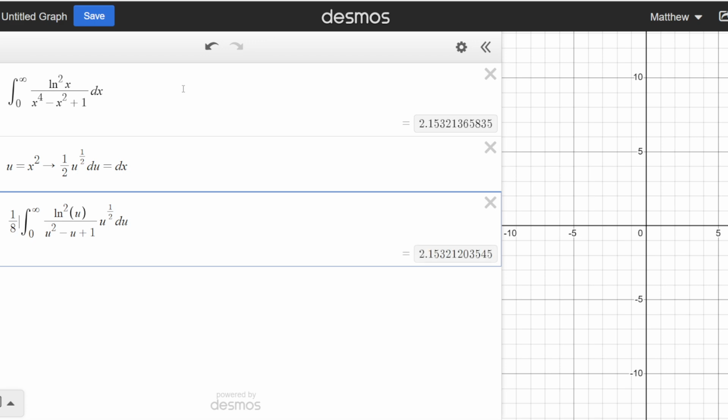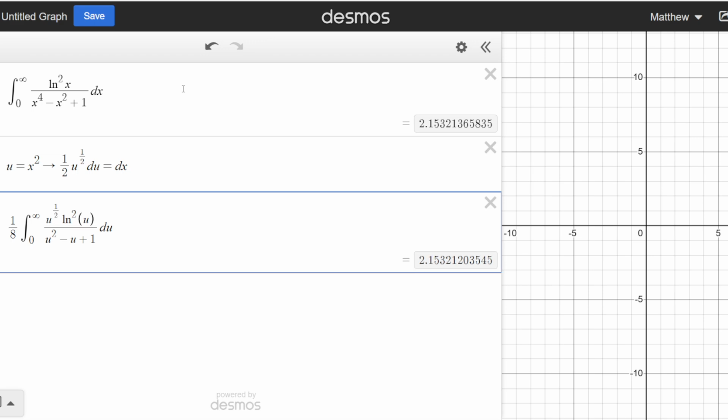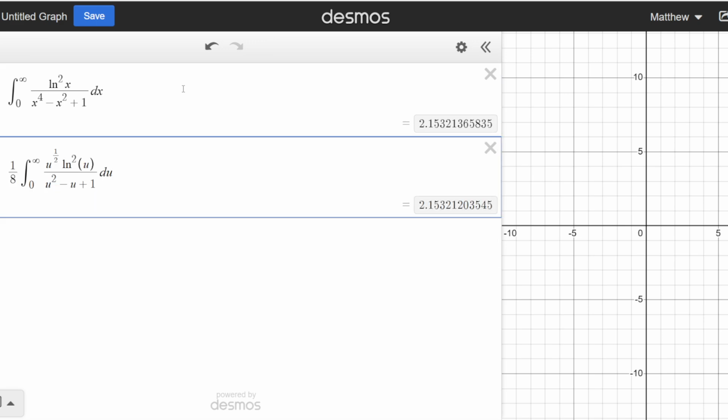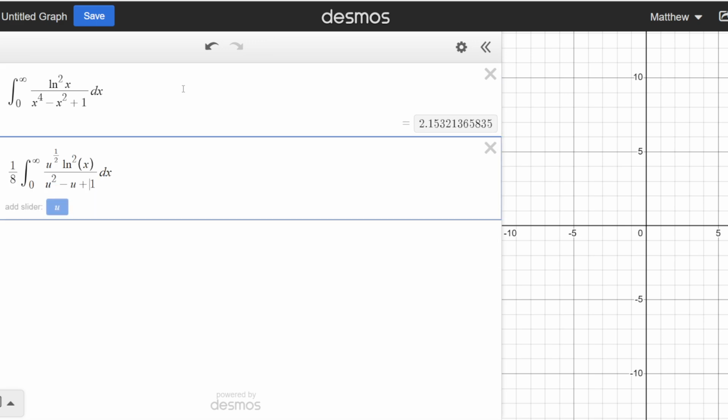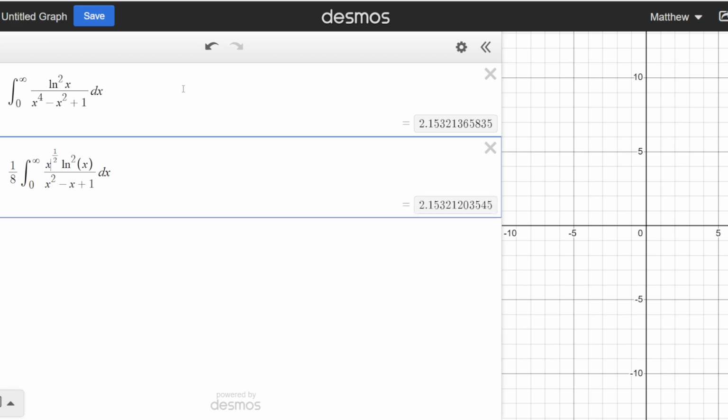All right, so we're looking somewhat better. Not much. But let's go ahead and delete this substitution step and bring our dummy variable back to x. Okay. There we go.